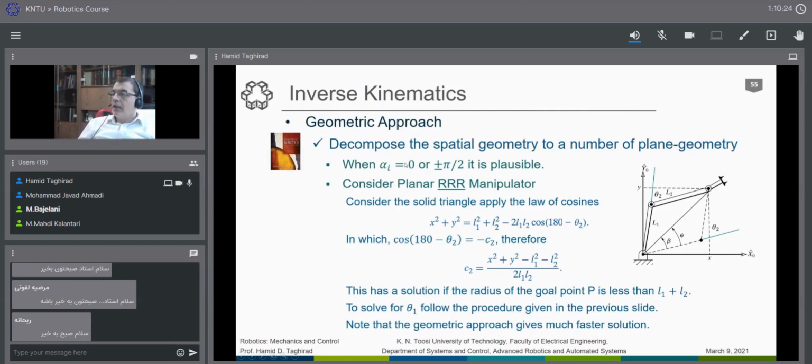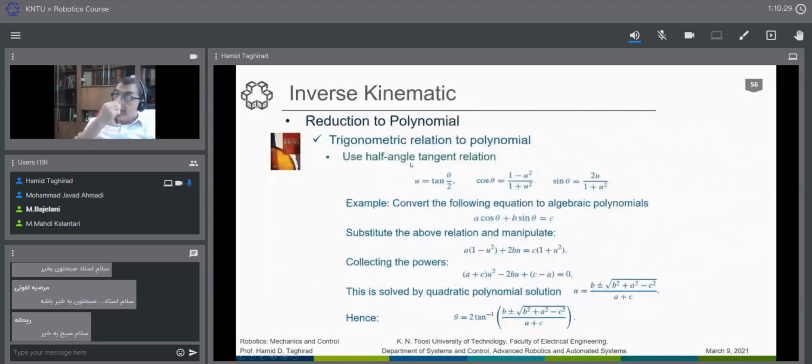Perfect. All right, now let's go to this approach, the use of the half-angle tangent relation. I like it very much, and I've used it a lot in many examples, and you will use it a lot. This means converting the trigonometric equation into polynomials, and when you have a polynomial, believe me, there is so much work on solving high-order polynomial cases.